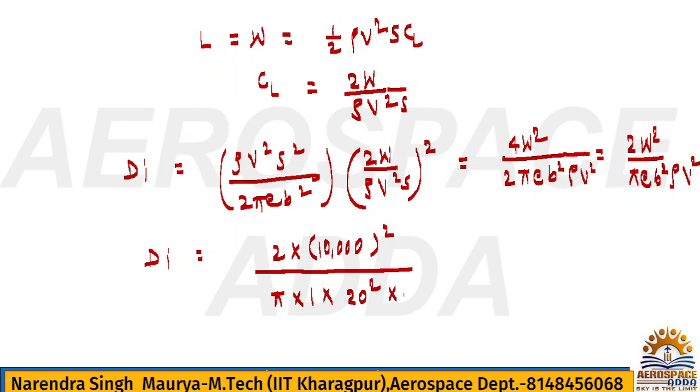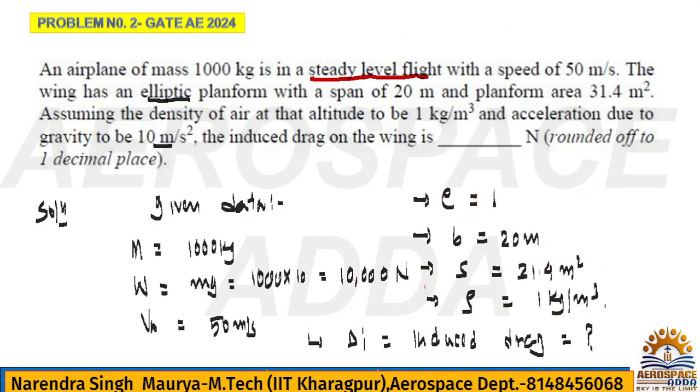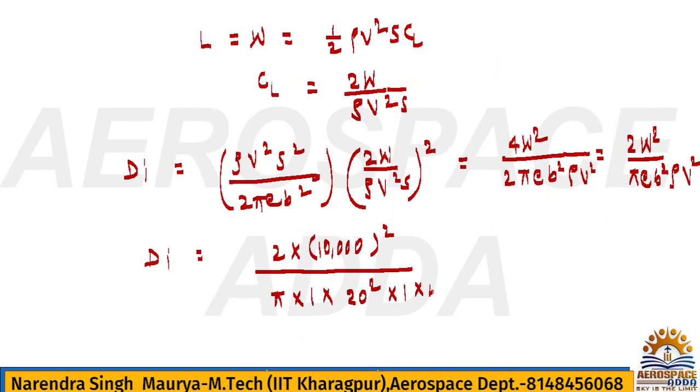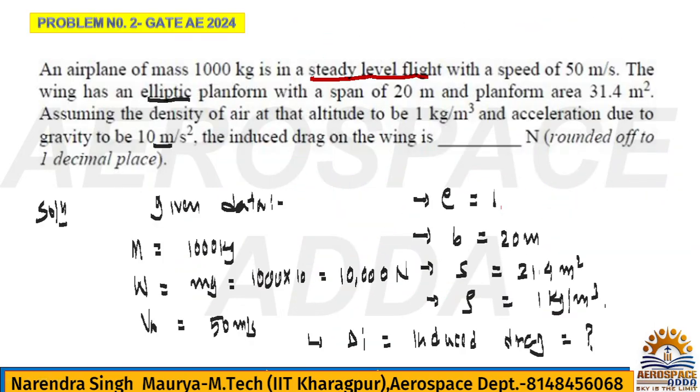It is 1 kg per meter cube, and then velocity. What is the velocity they have given? Velocity V is 50 meter per second, right? So 50 square. Do the calculation. Up to how many digits do we need to calculate?